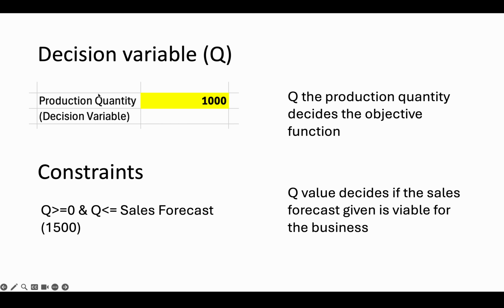So just as a revision, here we're looking at the production quantity, which is a decision variable, which decides the whole analysis and where the analysis is going towards, because it's the only major moving part of the objective function. It always comes with a constraint. Here the constraint is that we desire to produce greater than or equal to 0 pieces, with the max being the sales forecast.